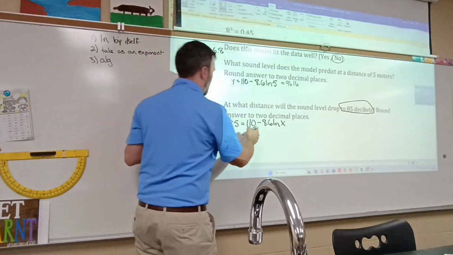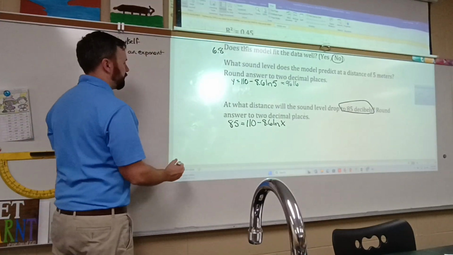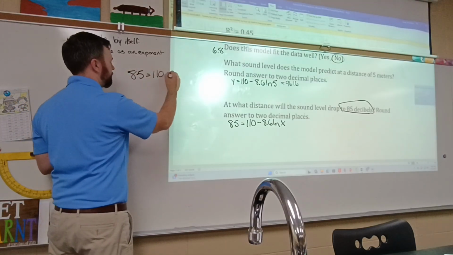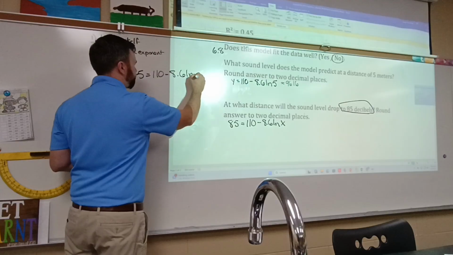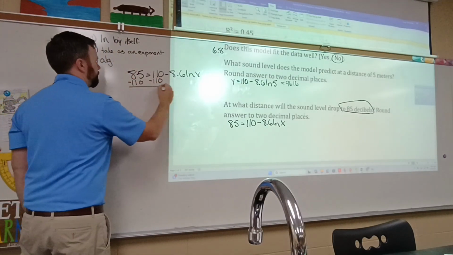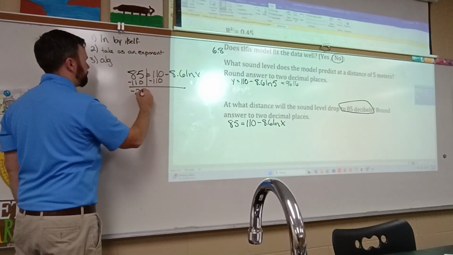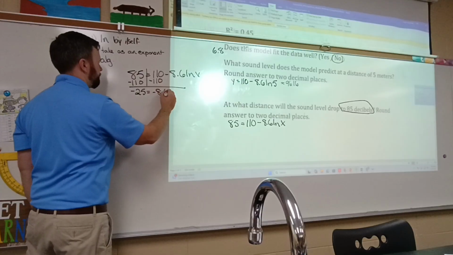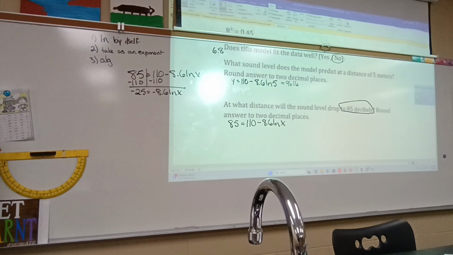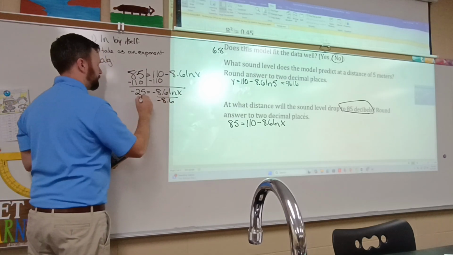So, right now, do I have the log by itself? No. So I'm going to rewrite up here so I have more room to write before I go wild. I'm going to subtract that 110 over. What's that? Negative 25. Still not by itself, right? So I'm going to divide by negative 8.6.